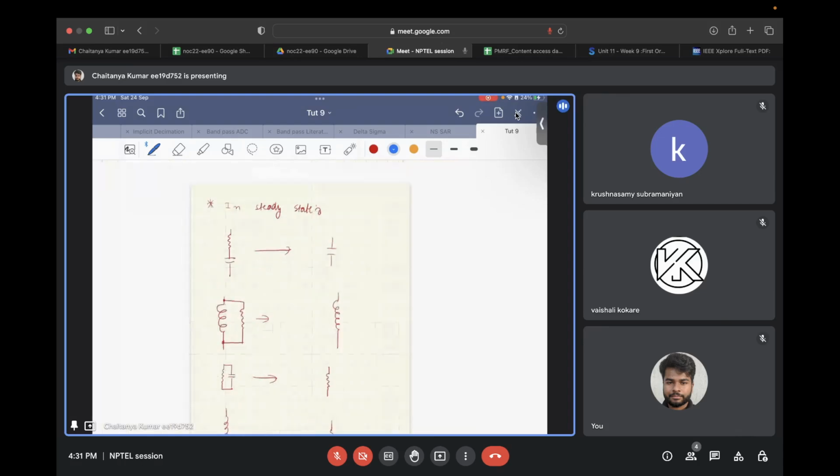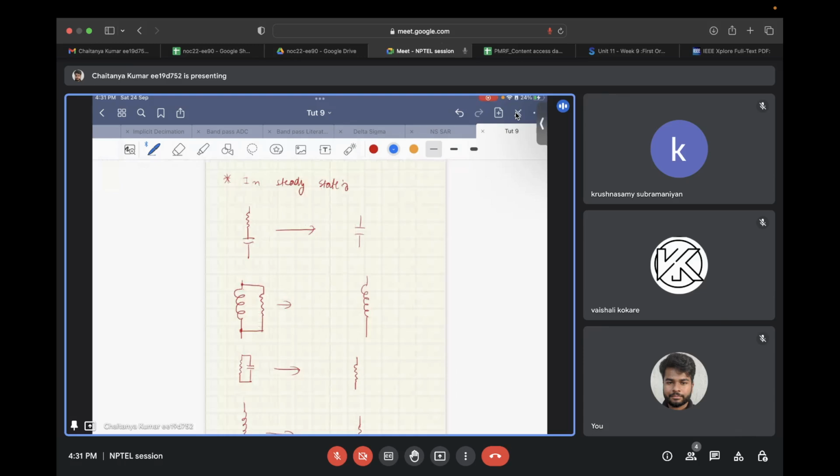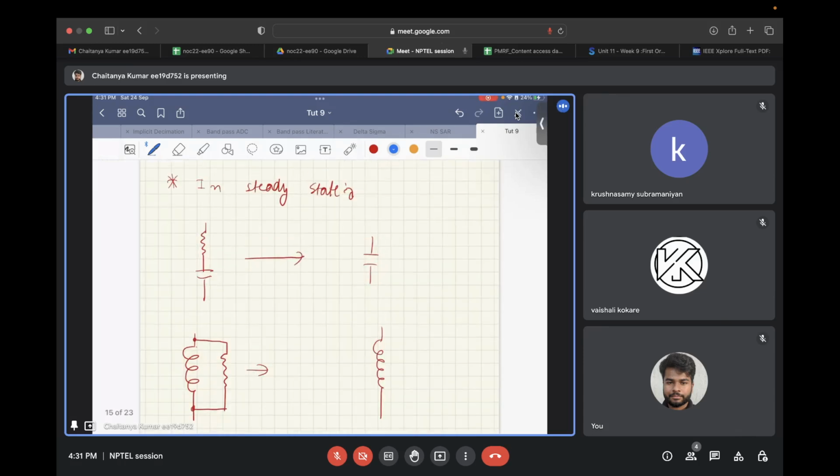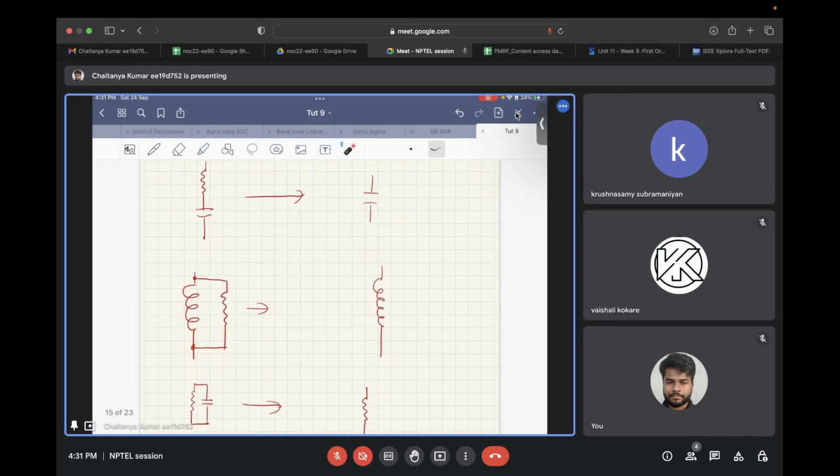Now, one thing you can keep in mind is these transformations that you can refer to if you want to quickly build the steady state circuit. Anything in series with a capacitor will be shorted, and a resistor and capacitor in series can be approximated as a single capacitor.